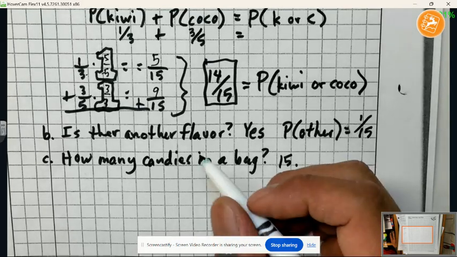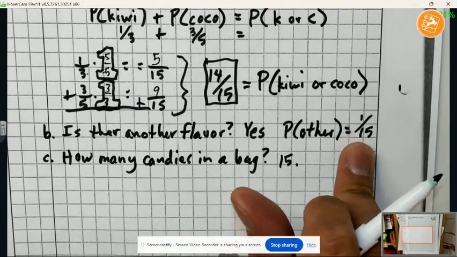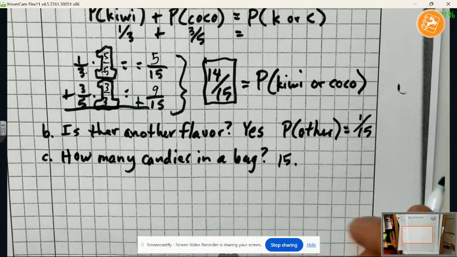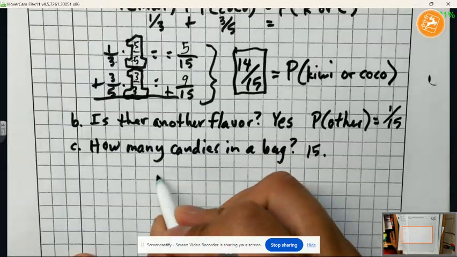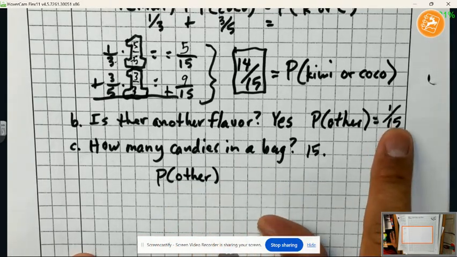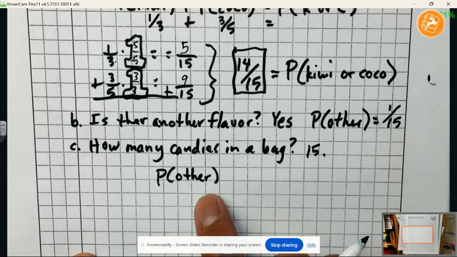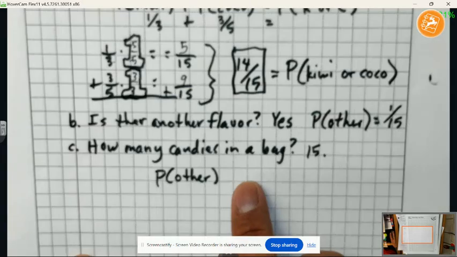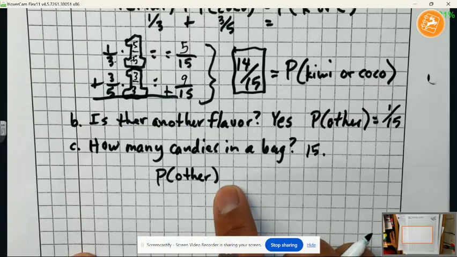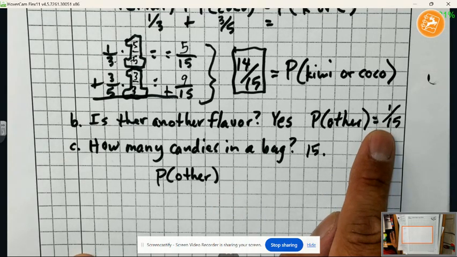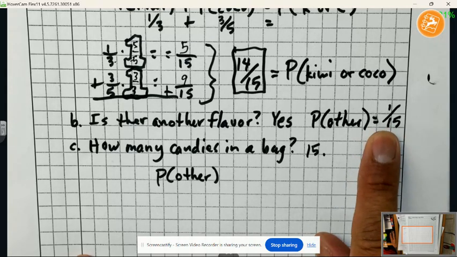Now, you might have guessed, well, if the probability of getting another flavor is 1 out of 15, I can say the probability of getting another flavor is equal to 1/15th, but can be a different fraction. So let's think of a different fraction that's equal to 1/15th.